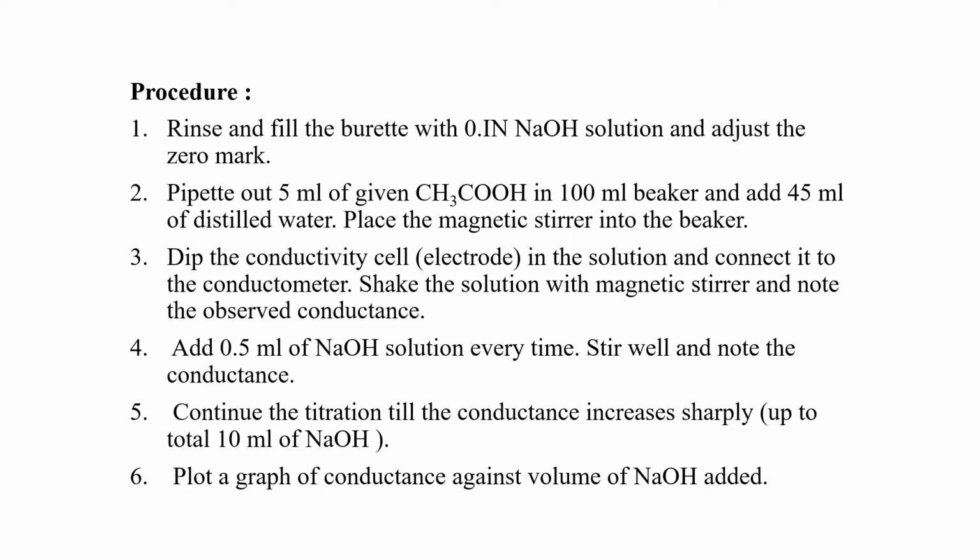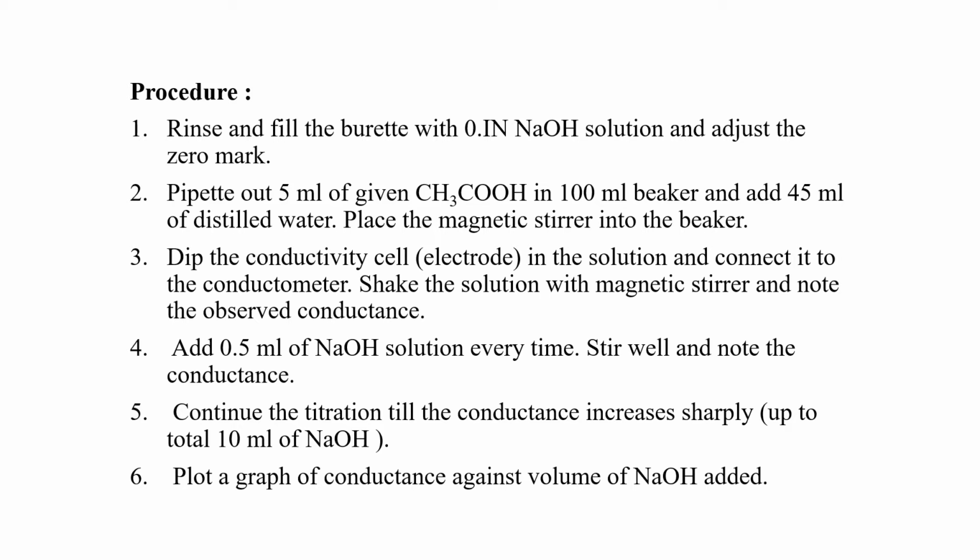Now for this you have to make the observation table with two columns. In one column, the volume of NaOH added, and in another column you have to note down the conductance for each volume, like 0 ml, 0.5 ml, 1 ml, 1.5 ml, 2 ml, like this.